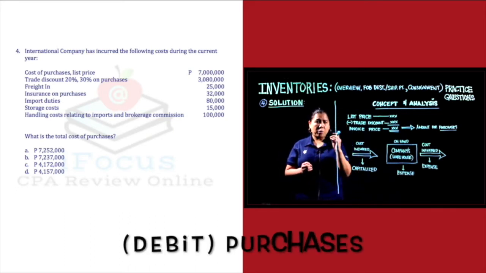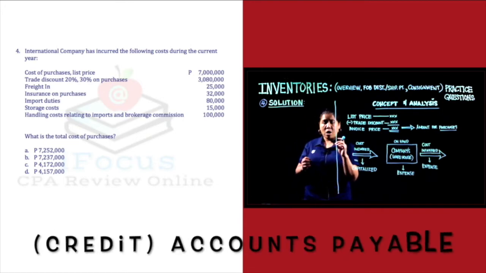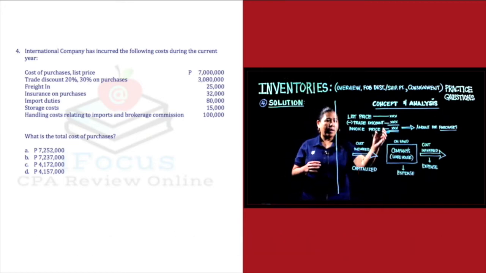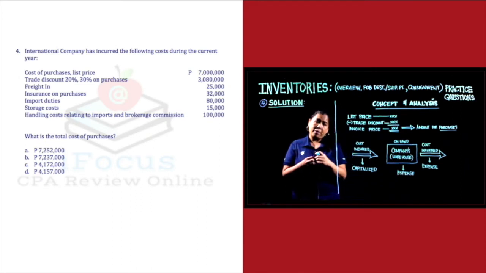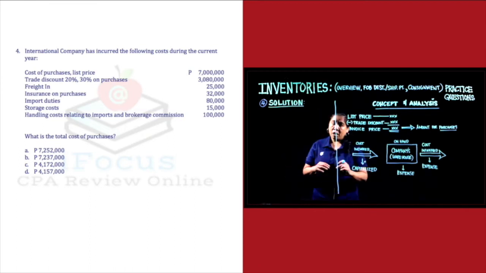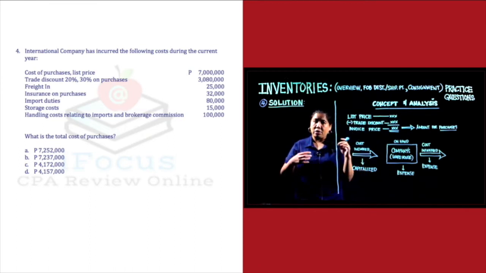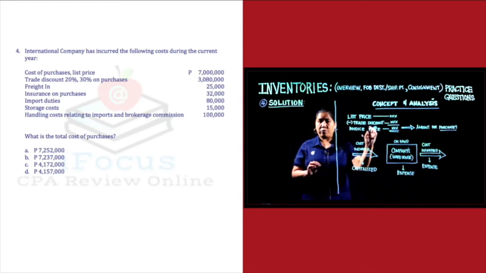So, we debit our purchases and we credit our accounts payable kung magkano ito. Kung cash naman binayaran ng company, then we credit the cash. We debit the purchases and we credit the cash. Itong list price, hindi natin nire-record ito sa ating books as well as our trade discount. Ang nire-record lang natin is yung invoice price.